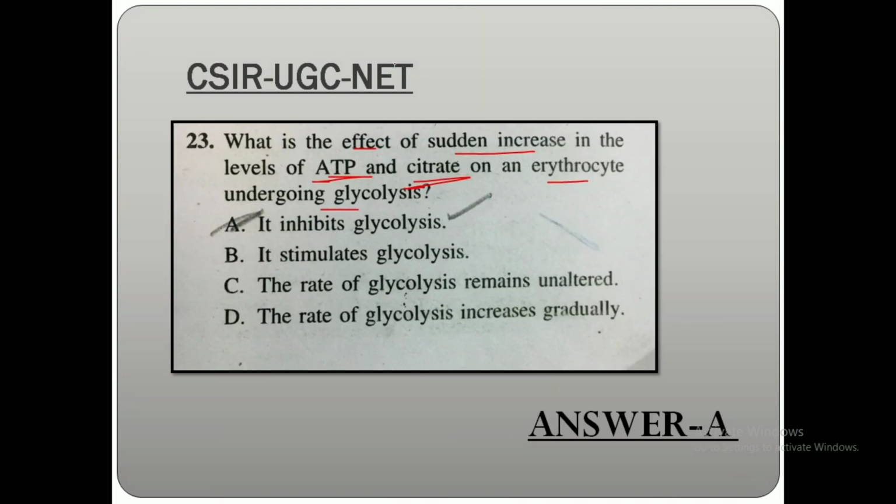Hence, on a sudden increase in the level of ATP and citrate, there would occur inhibition of glycolysis, because phosphofructokinase, which is the most important regulatory enzyme for glycolysis, would be inhibited because of these inhibitors.